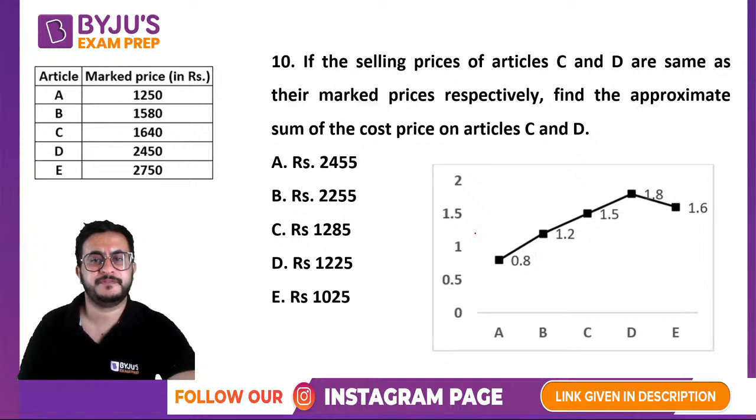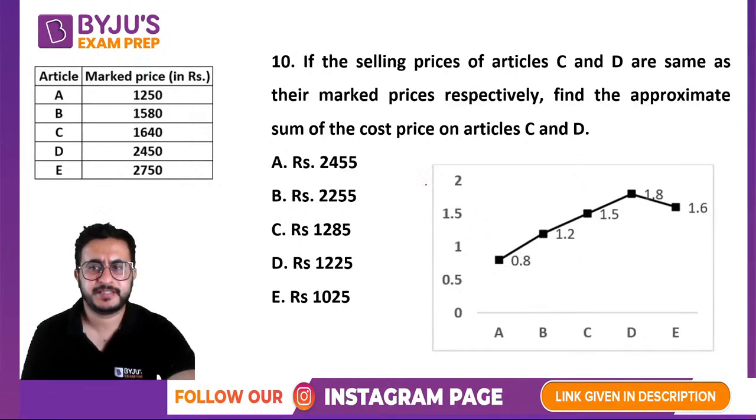Now it is saying that if the selling prices of articles C and D are same as their mark price respectively, find the approximate sum of cost price of articles C and D. So it says selling price are same as the mark price, right?